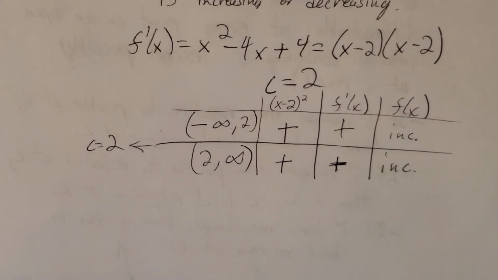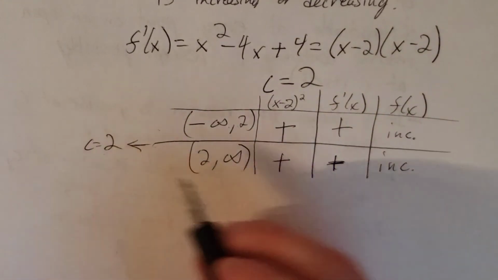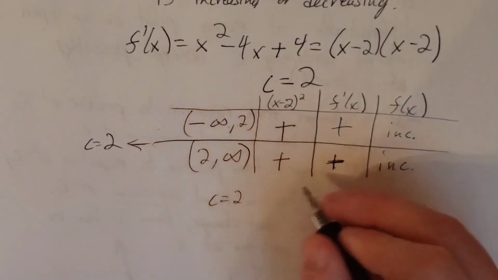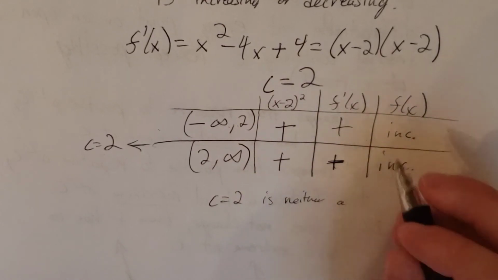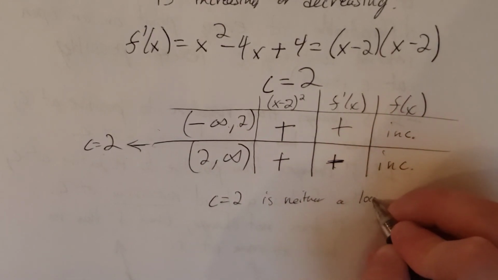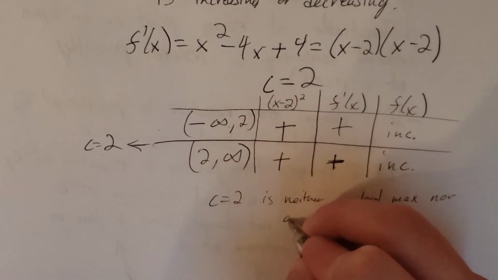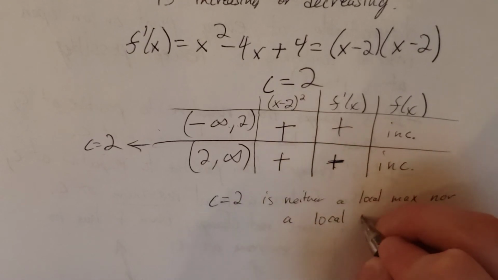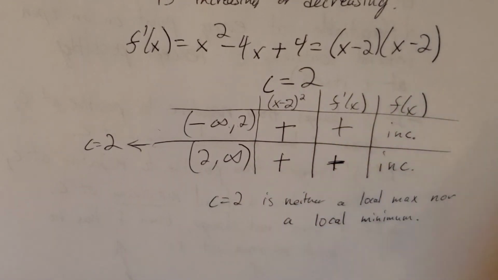So that tells us that since this didn't change, c equals 2 is neither a local max nor a local min. So we had no local extrema in this particular example.